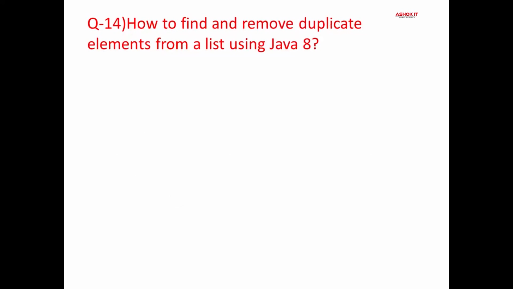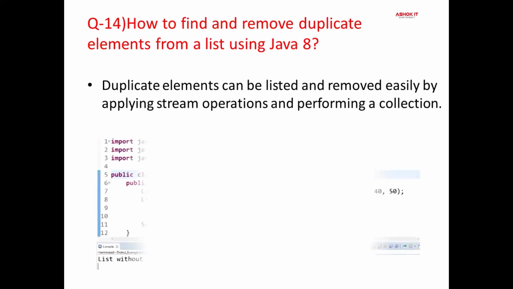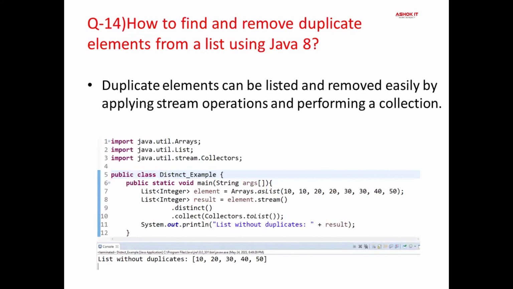Question number 14. How to find and remove duplicate elements from a list using Java 8? Duplicate elements can be found and removed easily by applying stream operations and performing a collection. In this example, you can see the array is converted to a list, and with the help of the stream method, a stream is generated.